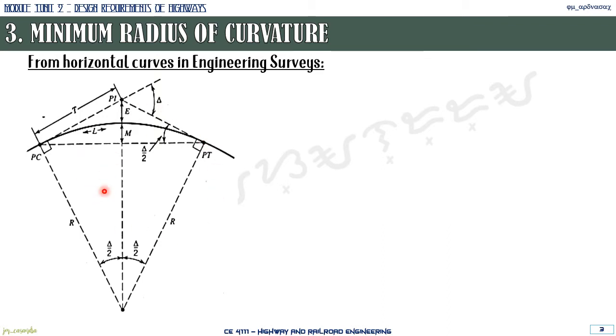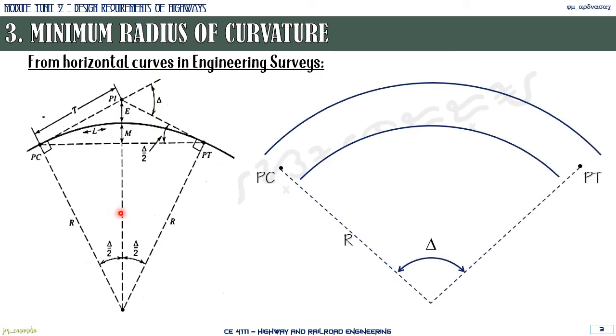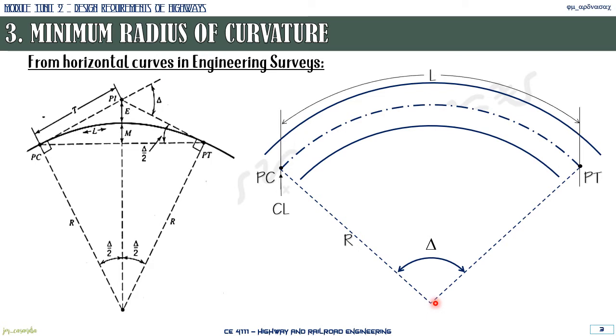So applying this curve in highway engineering, we will now have your highway design. So basically, the radius is measured from the center of the curve towards the center line of the highway. And from there, we'll now have your length of curve.